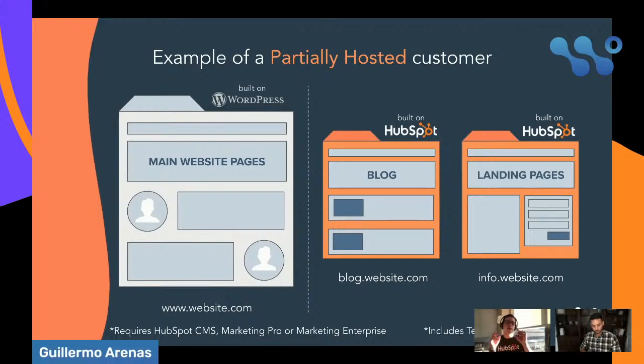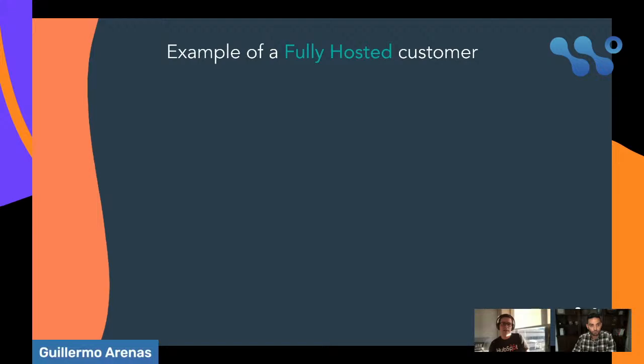We recreate the header, the footer, the font, the photos. We recreate everything and create some templates for you to use for your blog and for your landing pages. So the subdomains that are connected from HubSpot to your main website don't have any differences in terms of look and feel. So that's also a great deal.